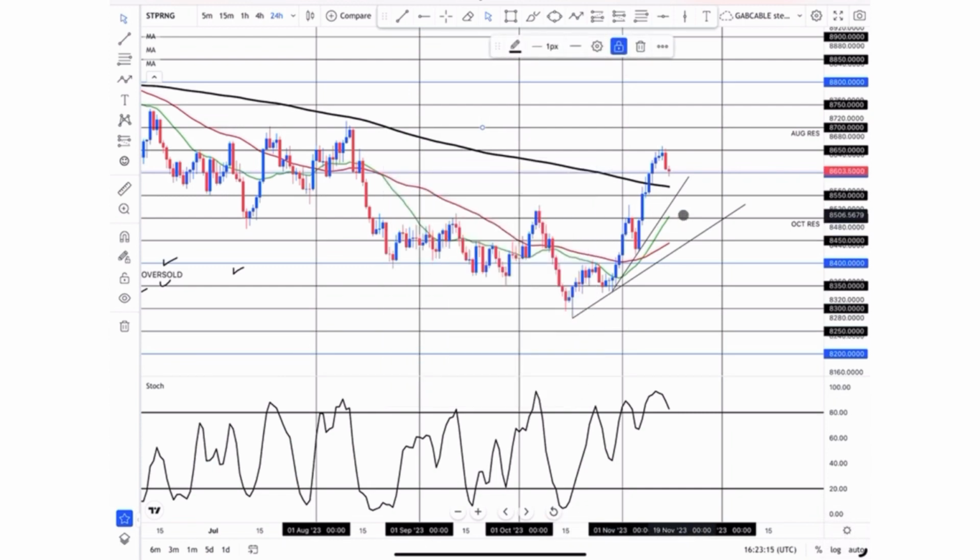There's a possibility that the market can come back to this August resistance before coming down, but since it's a major level, I'm thinking this market might do something else. It might retest here and go to the upside or continue to the downside. But guys, it has not activated the downtrend yet, so we are looking for buys for now.